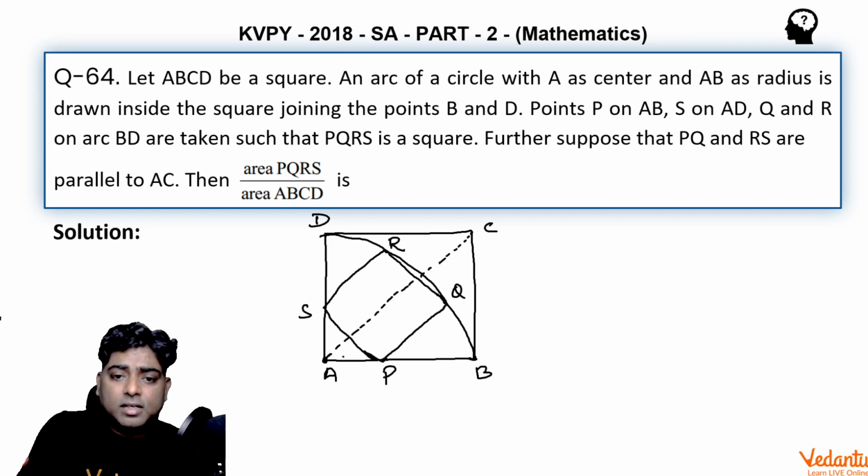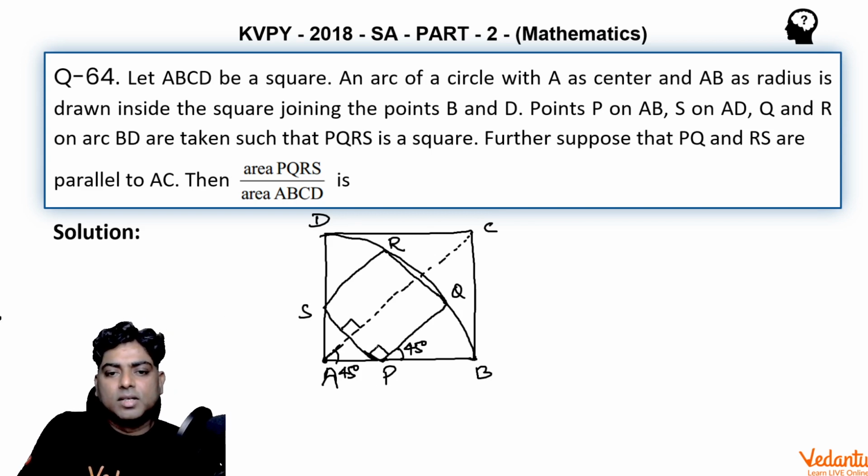Definitely it means, what angle is this? In a square, what angle does the diagonal make with the side? 45 degrees, because this is a square. This angle is 45 degrees, and as PQ is parallel to AC, this is also 45. This angle is 90 because PQRS is a square, and so this is also 90.